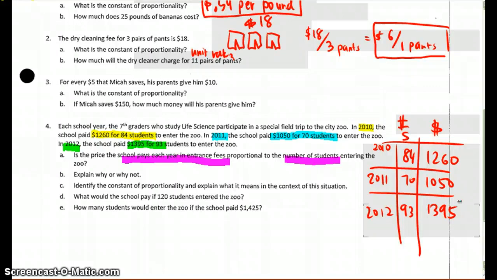That's a good strategy to take. Sometimes, for me, reading that information in a paragraph all lumped together is not very easy to interpret, so I like to see it in a chart. What I want to do here is figure out if the relationship between the cost and the number of students is proportional.